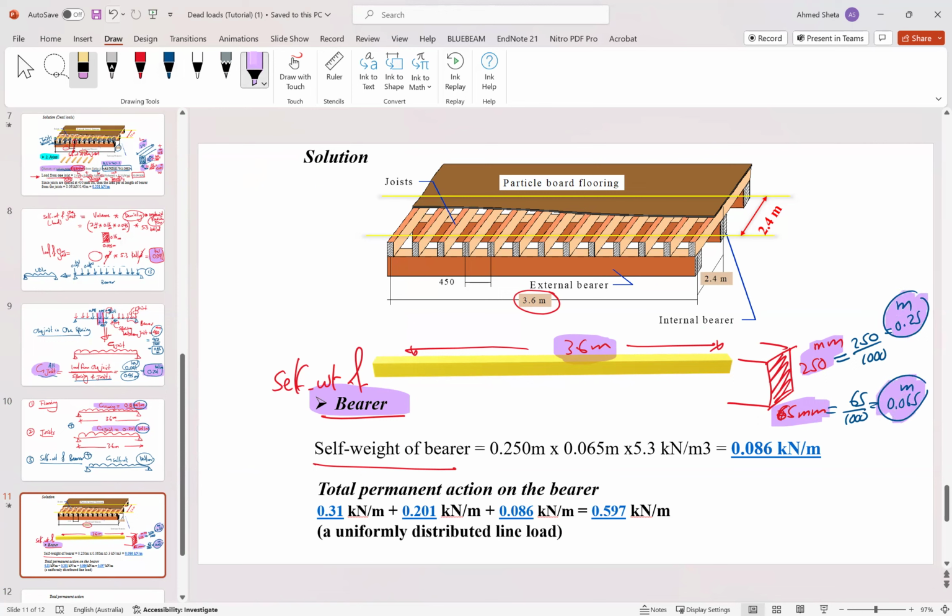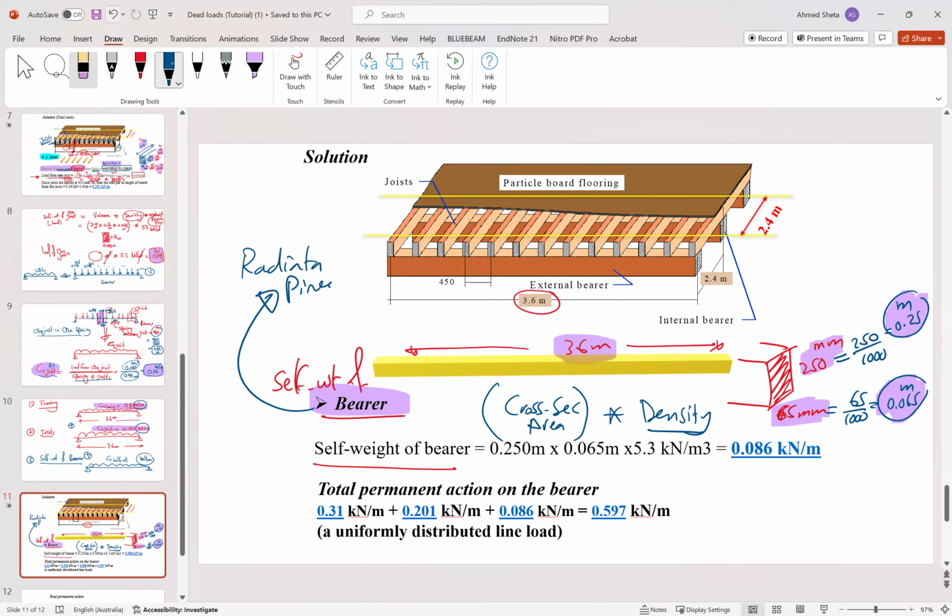And here, the self weight of the bearer will be the cross section area times the density. Also, if we return back to the head of the question, the bearer was made from radiata pine, which is 5.3 kilonewton per cubic meter.